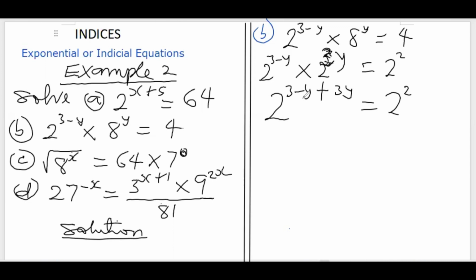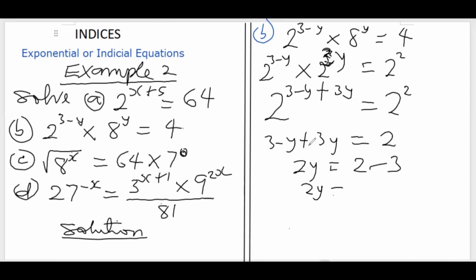So equating powers, we have 3 minus y plus 3y equals 2. And if you simplify this, negative y plus 3y will give us 2y equals 2 minus 3. Bring 3 to the other side, minus 3, and you have 2y equals negative 1.